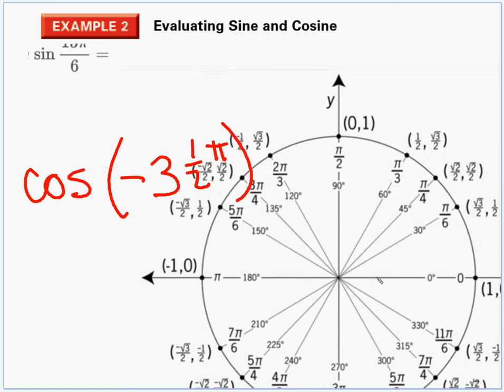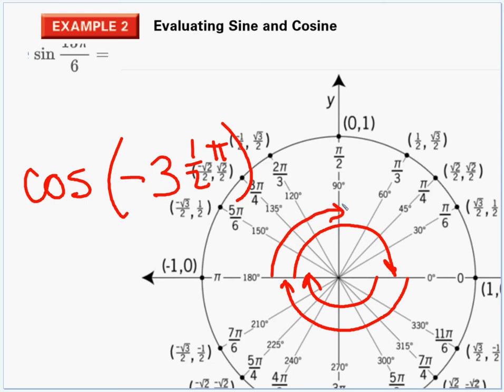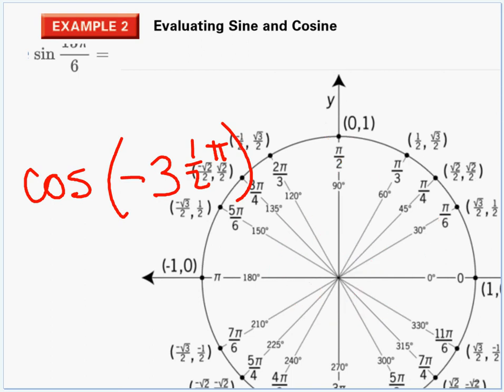Negative 3.5. Here is negative 1 pi, negative 2 pi, negative 3 pi, and 1/2 will take us one more coordinate axis to that positive y-axis. And notice we did stop there on positive 1/2 pi.